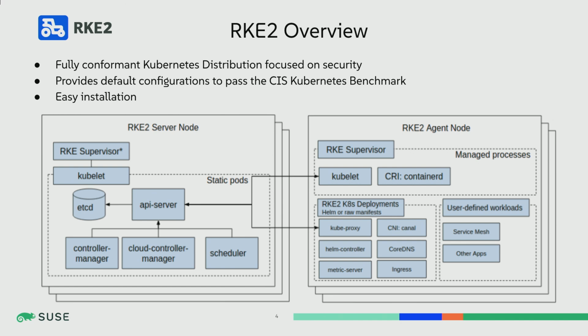And this is the RKE2 server node, where you will run your main components. And here on the right is where you run your application, the RKE2 agent node. So you have the RKE2 supervisor, the kubelet, and you have your application and also the components that I mentioned to you.